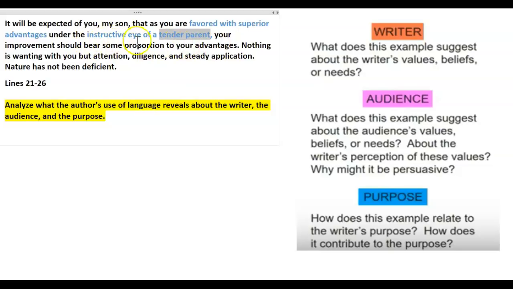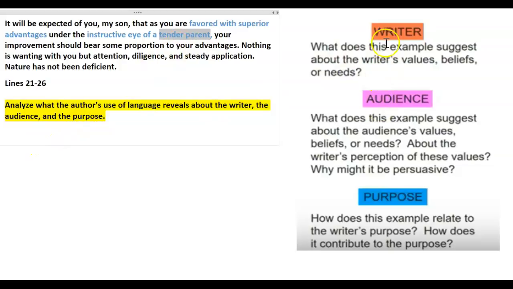He's under his instructive eye, able to guide him. So she is really saying that he is currently experiencing privilege because he has a father to look after him. And so really what she's doing is trying to build confidence in her son, to say, you know what, you are safe. Yes, there are some challenges, but you are safe.